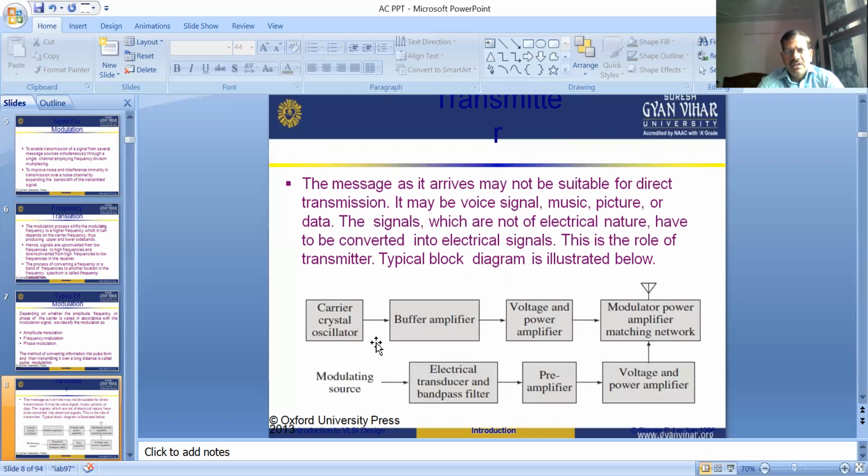Basically, two signals are used for the modulation and demodulation process. One is the carrier signal, and the second is the modulating or base signal.